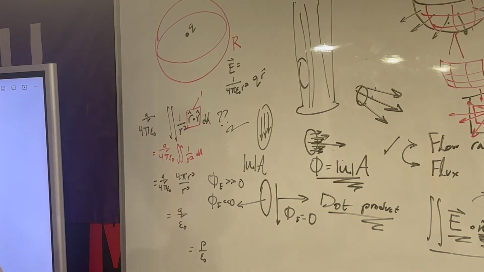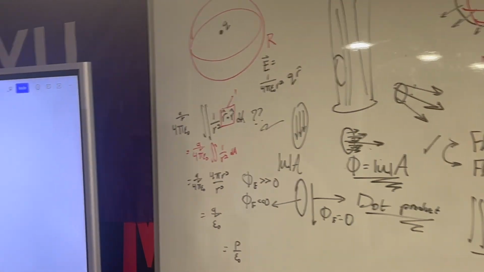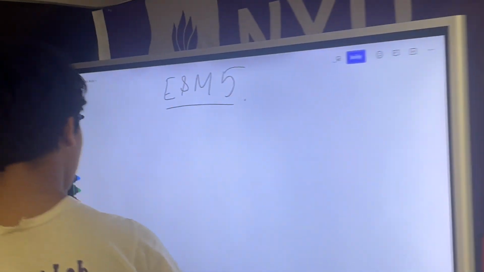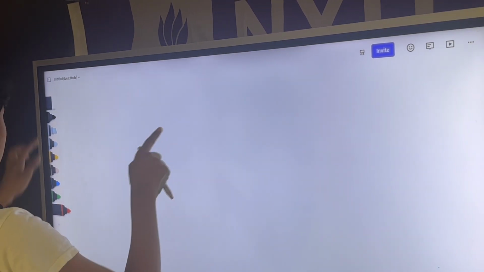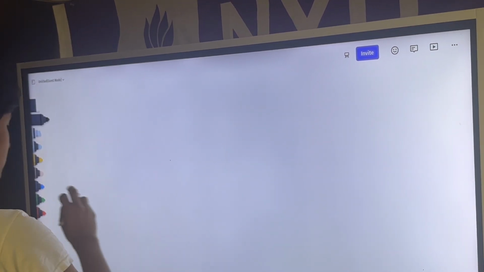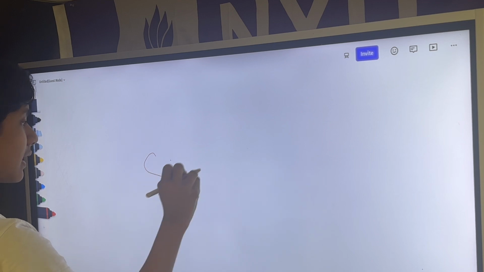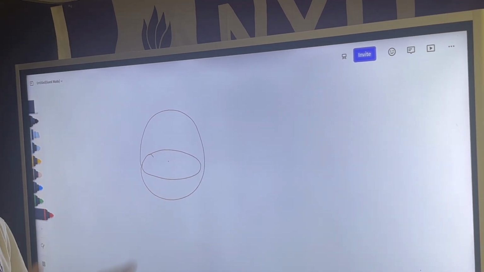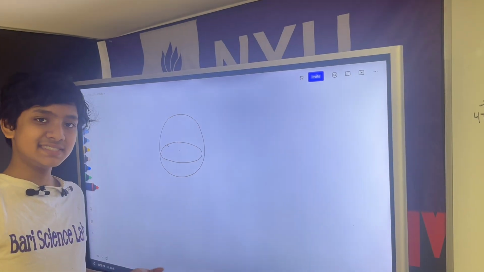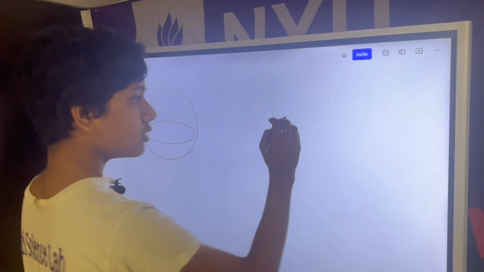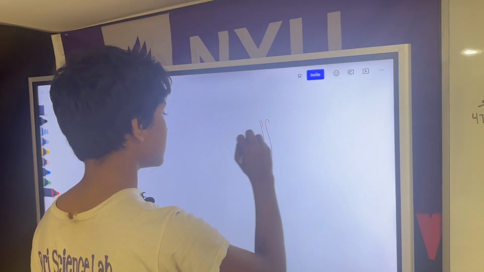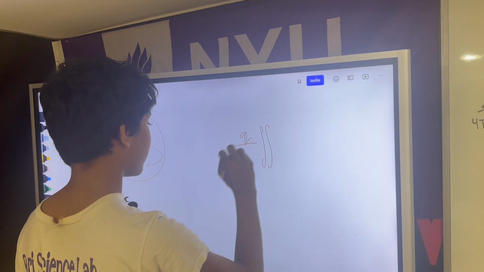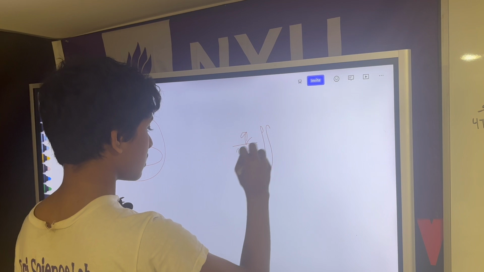But now they're saying, all right, that's cool and all, but that's for a sphere. Having this is nice over a sphere, but Gauss's law claims that it holds generally.